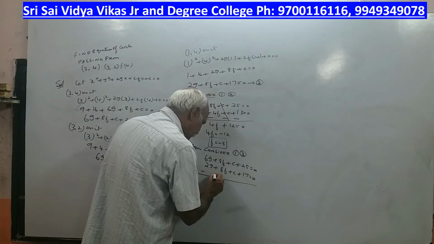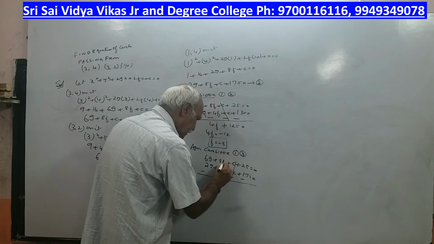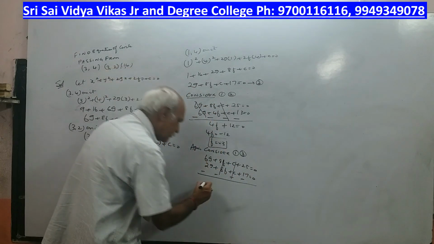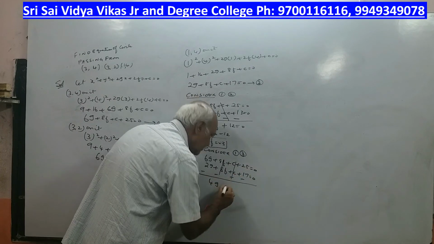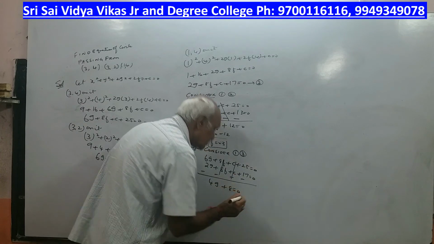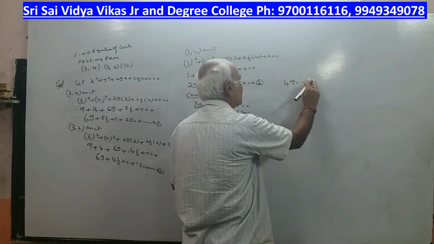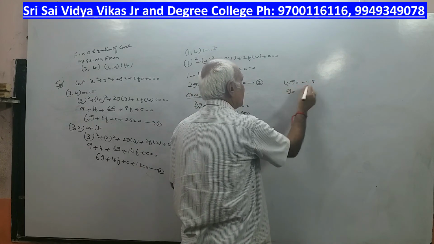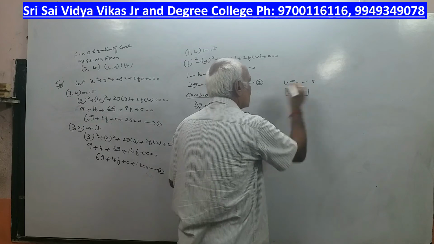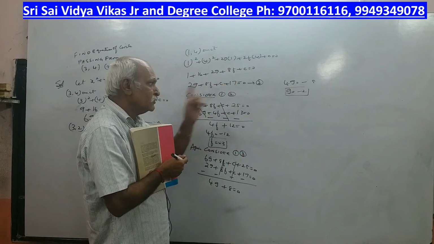Subtract. C will get cancelled, 8f will get cancelled. So what do we get? 4g plus 8 is equal to 0. Again, 4g is equal to minus 8, g is equal to minus 2. So we got the f value and g value.